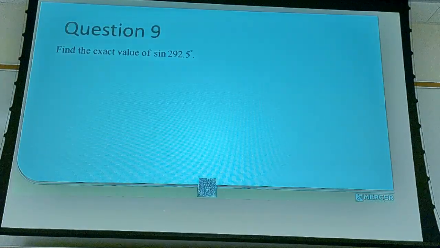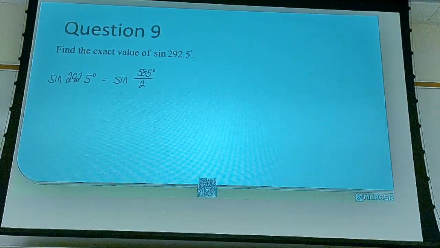Exact value, sine of 292.5 degrees. Two times 292.5 would be 585, over 2. 585 degrees. What quadrant is that?